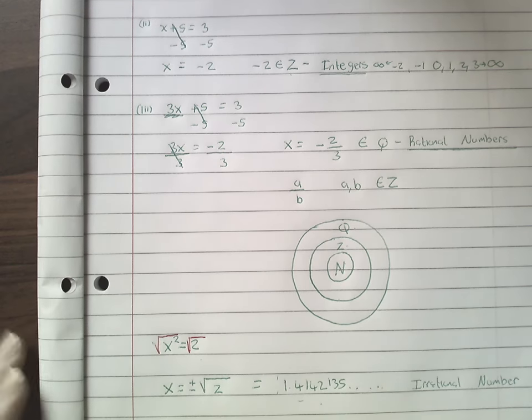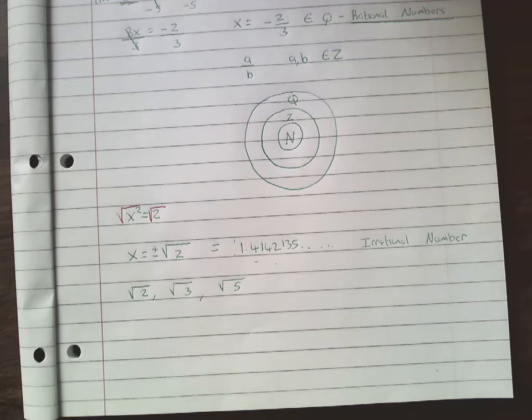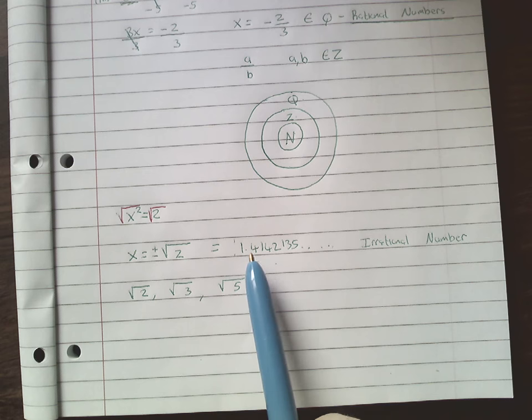Examples of irrational numbers as well would be the square root of 2, or the square root of 3, or the square root of 5. These will all give you numbers similar to this.